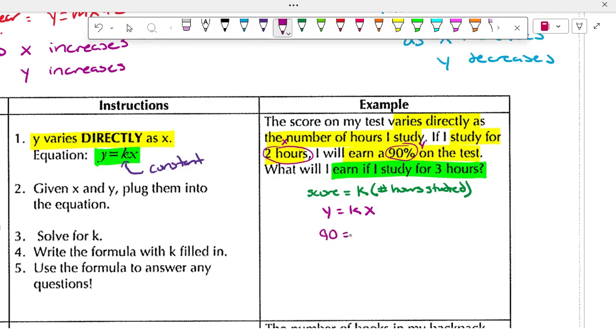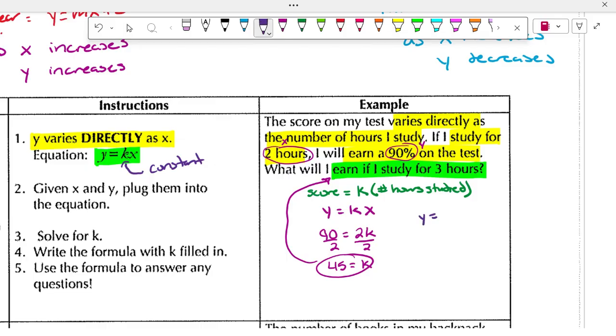If I want a 90, I studied for 2 hours, so 2 times k. How do I solve for k? Divide by 2. So k would equal 45. Now we use this to answer the question.